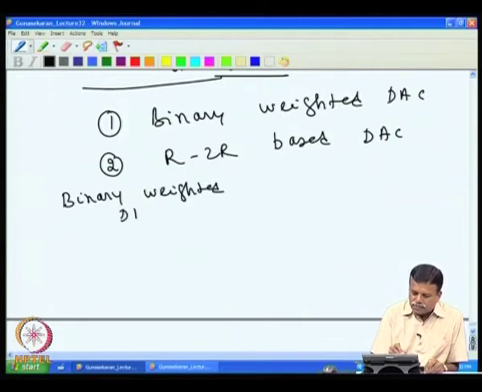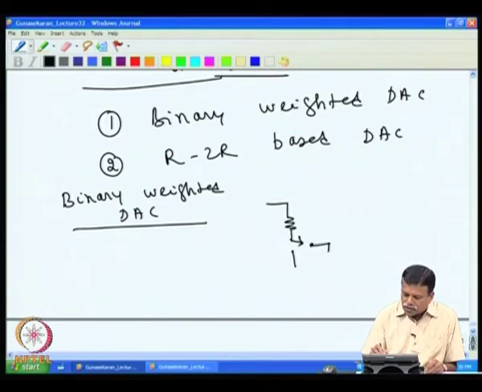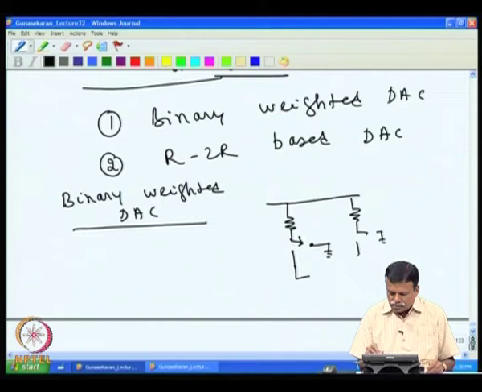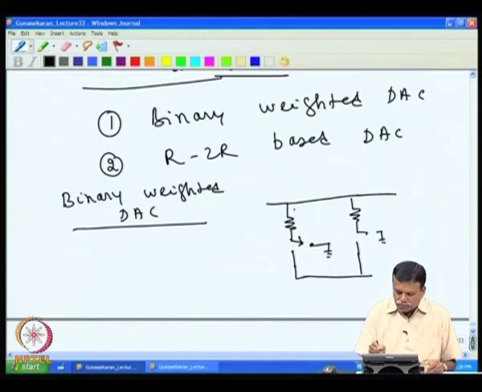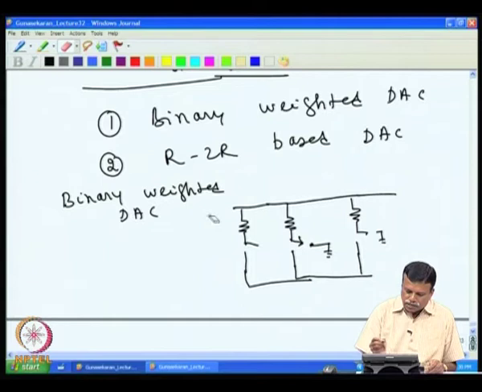In this case, we have a resistance and a switch here, and that switch can connect either to ground or to this other point. In the same way, I take a 4-bit converter, so for example 3 bits, and then the 4th bit I put here.